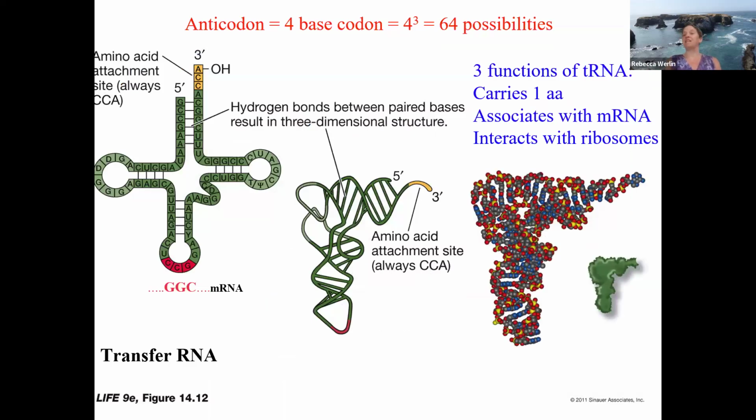So we have the codons in messenger RNA, and on transfer RNAs, we have anticodons. The functions of transfer RNAs are to carry an amino acid, to associate and interact with the anticodon on the transfer RNA and the codon on the messenger RNA, and carry the right amino acid to the ribosome, which is going to do the process of linking those amino acids together.